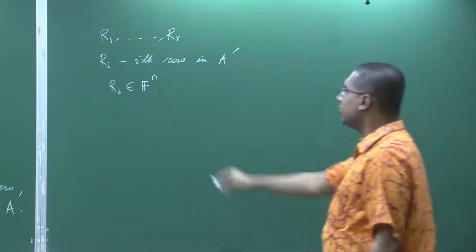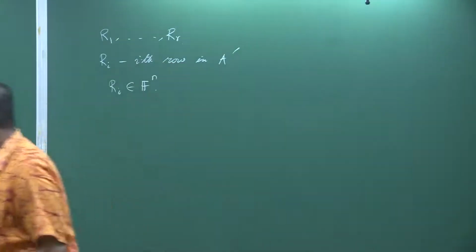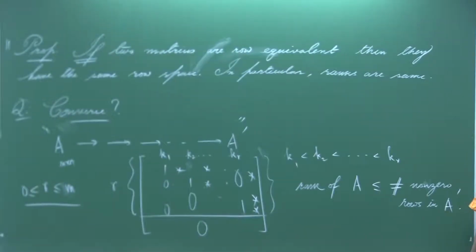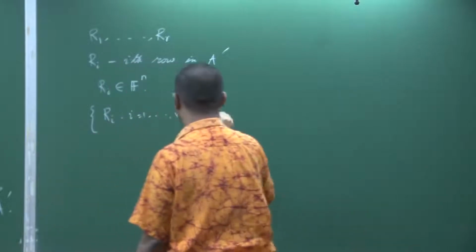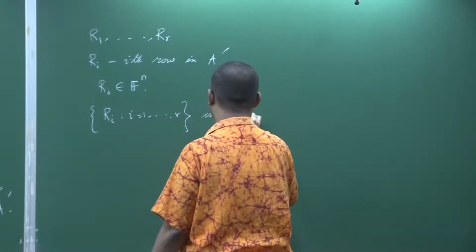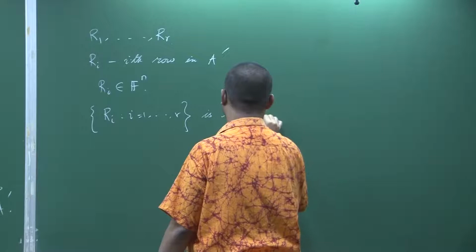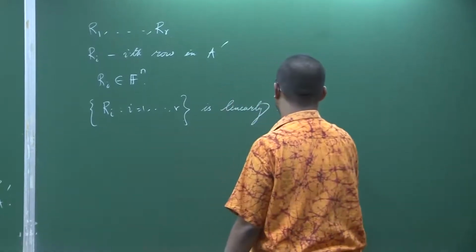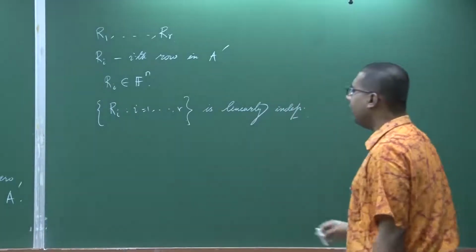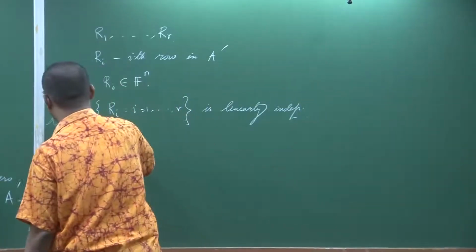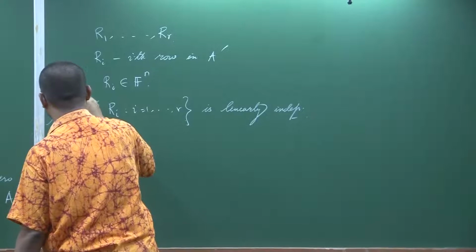So the claim is that this set Ri, i from 1 up to R, is linearly independent. This is our claim. Why? Let me write it as a claim. That is very easy to see.